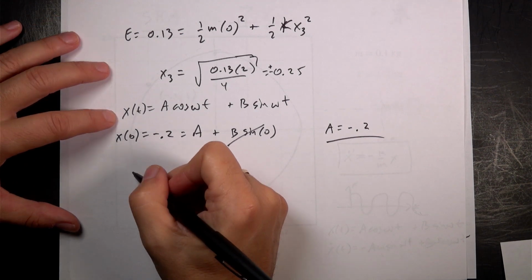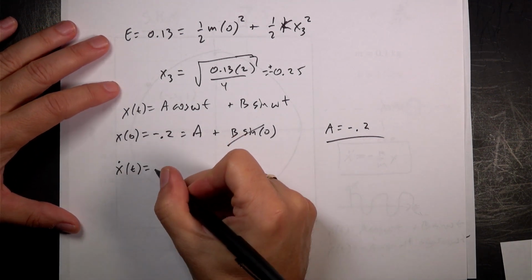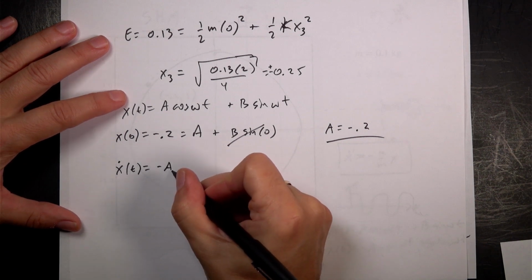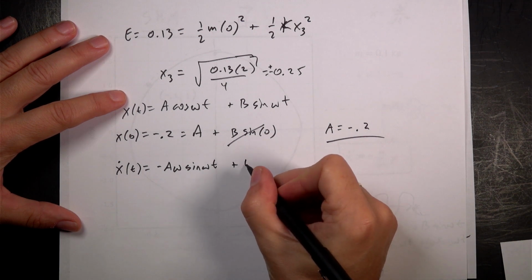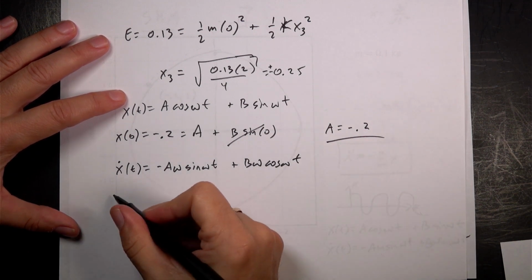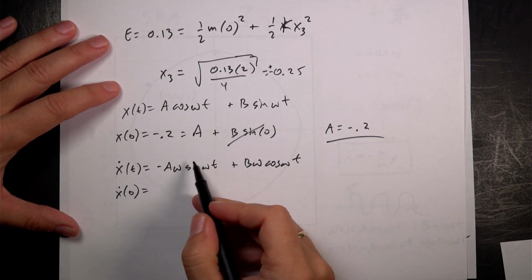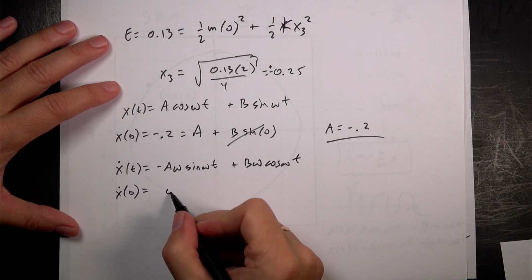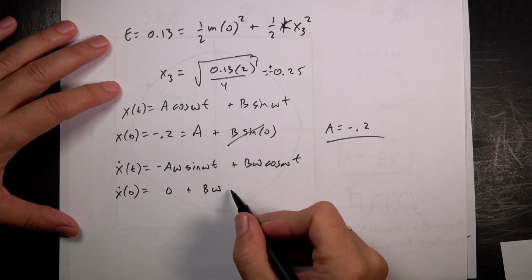Then if I take the derivative of this function, I get x dot as a function of t is negative a omega sine omega t plus b omega cosine omega t. If I put t equals 0, that first term is gone, and I get plus b omega times 1.